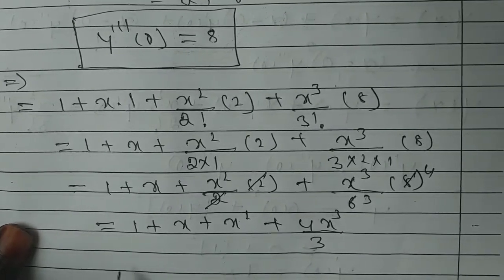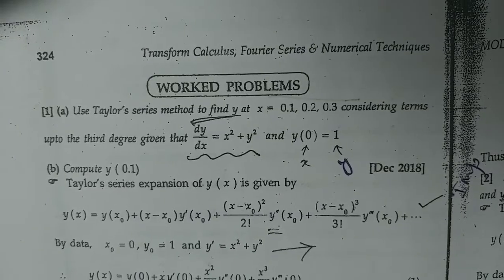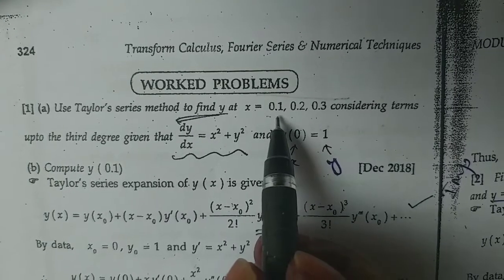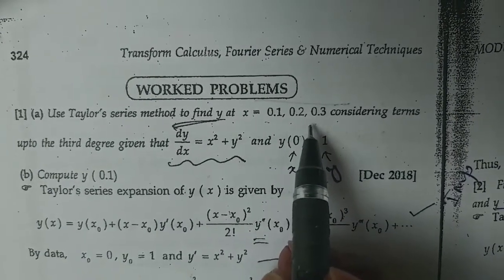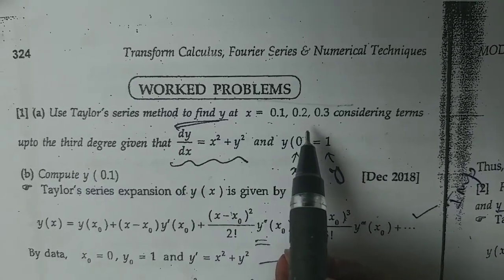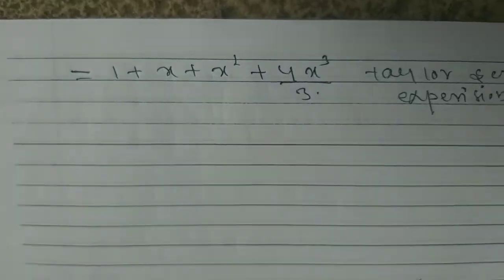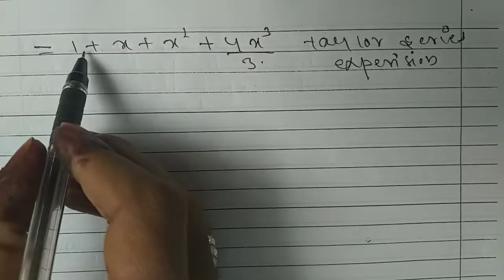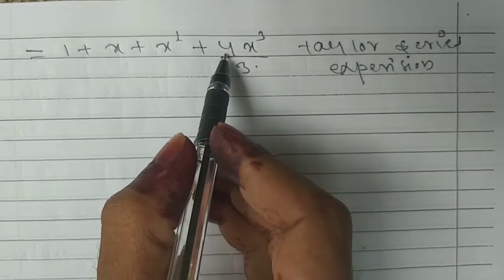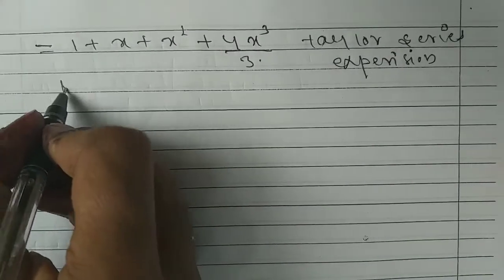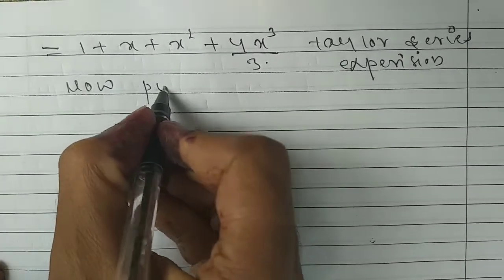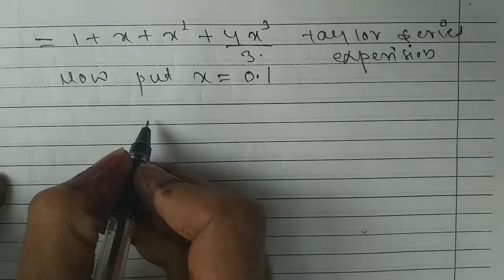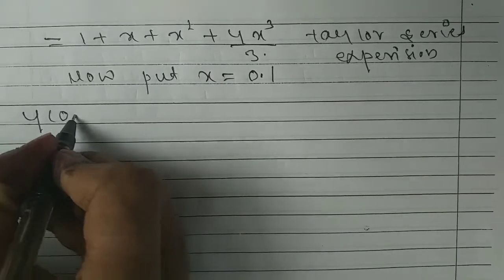This is our Taylor series expression. We put the values of x which are given in the question, that is x equal to 0.1, 0.2 and 0.3, in the Taylor series expression: 1 plus x plus x square plus 4x cube by 3. Now put x equal to 0.1, that is y of 0.1.